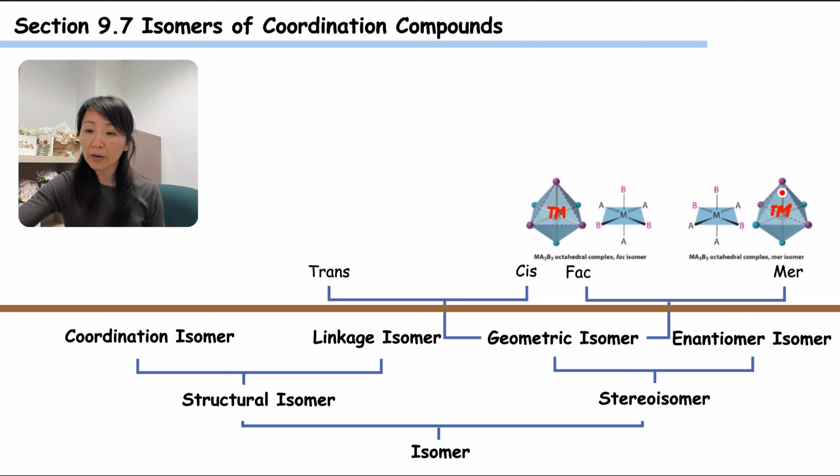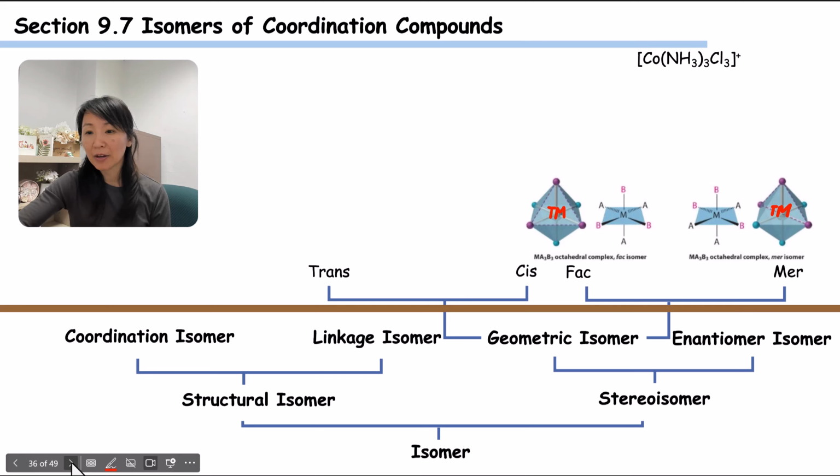The ligand could be on the top or the bottom, but the other one must be 180 degrees from it, on the opposite end. These are all 90 degrees from each other, but two of them need to be opposite, passing through the whole octahedral complex. So this one is considered FAC, F-A-C, and the other one is known as the MER geometric isomer.